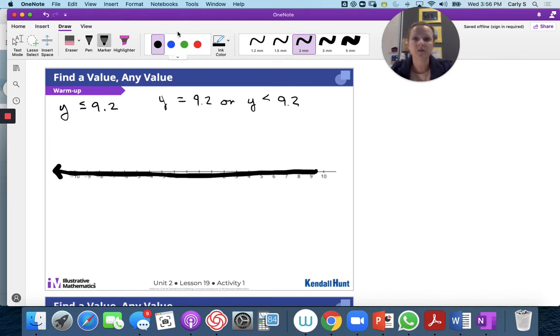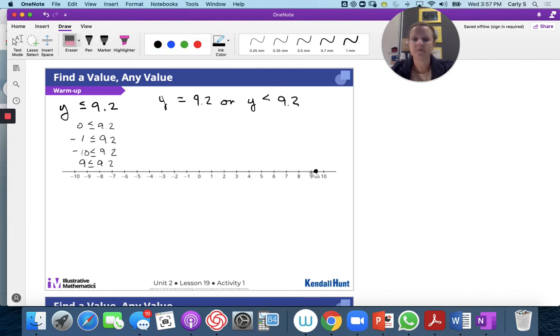So my solution can be anywhere in there. I can say 0 is a solution because 0 is less than or equal to 9.2. I can use -1, I can use -10, and I can use 9, because those are all less than or equal to 9.2. So many different options, right? Let's erase that big thick line.